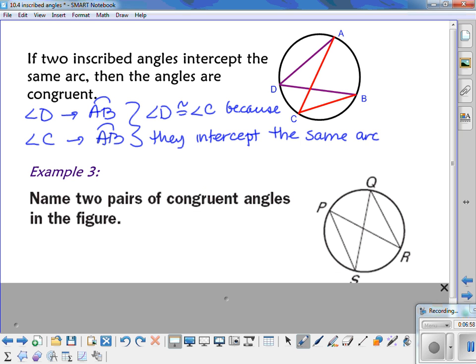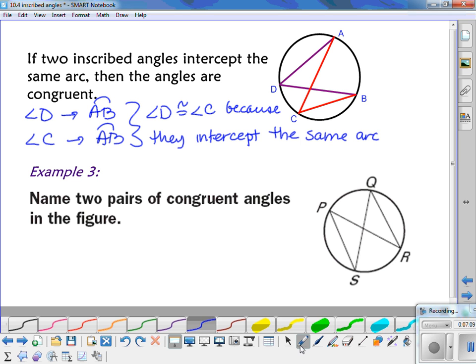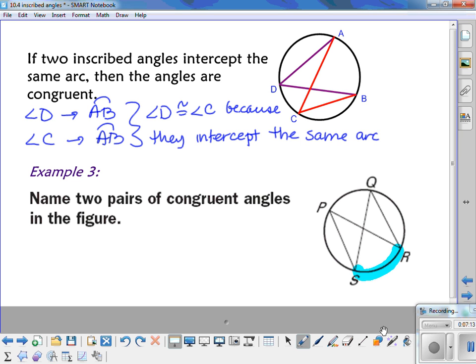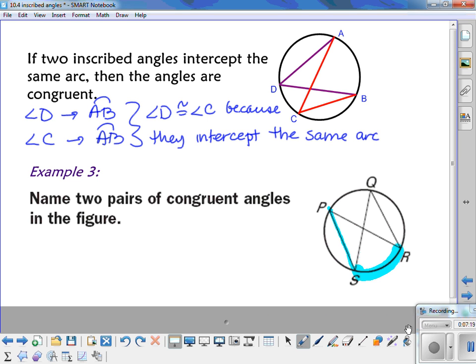Alright, so if I look at this next example, I'm supposed to name two pairs of congruent angles in the figure. So if I look first at arc SR, I can see that SPR, or angle P, and angle Q are both intercepting that.